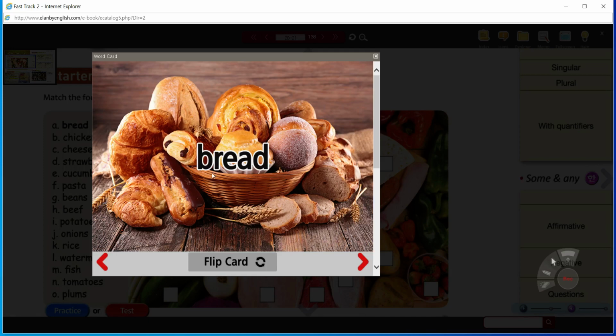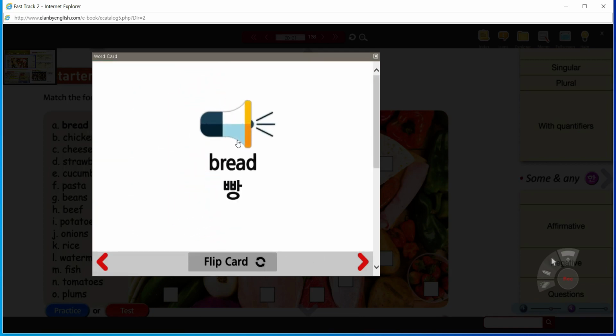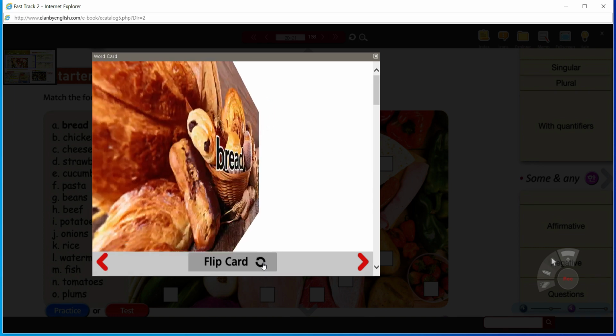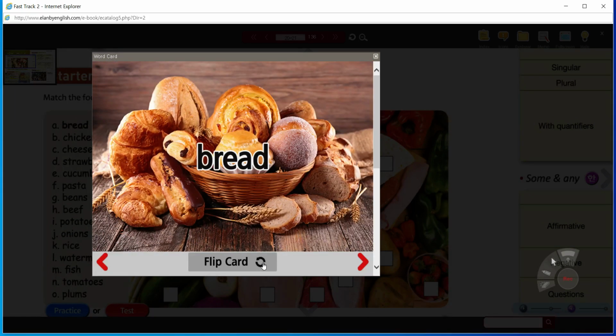But now you know the word bread, and you know what it looks like. You even know what it sounds like. If you press on this icon, you can hear the word bread enunciated for you, along with a translation. So this is some home study that you can do from the ebook that I'm using right now.